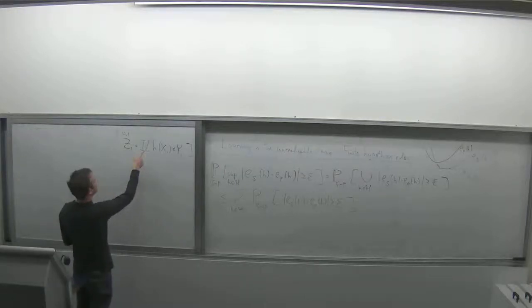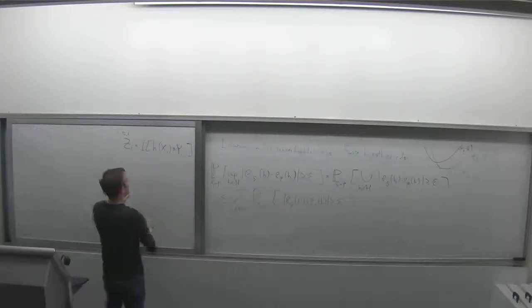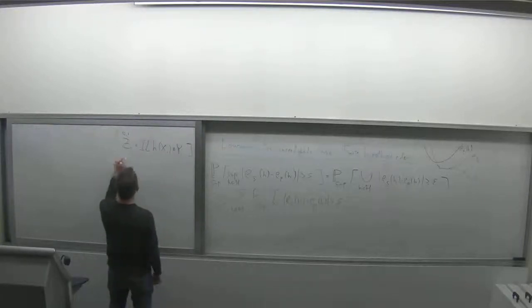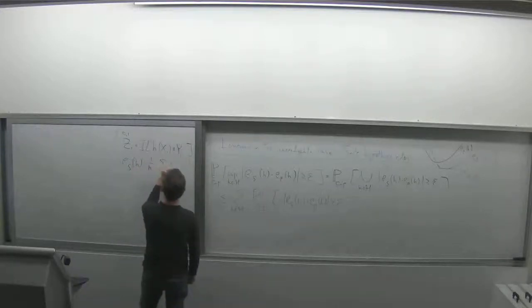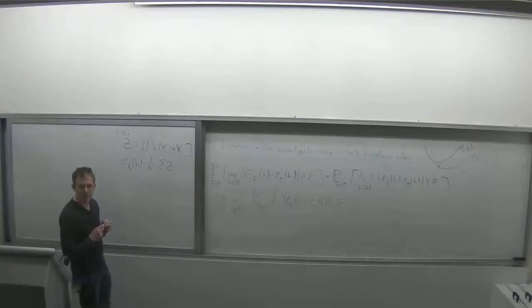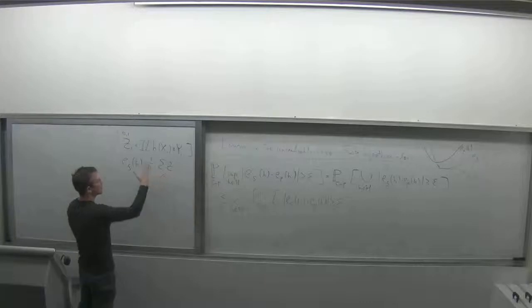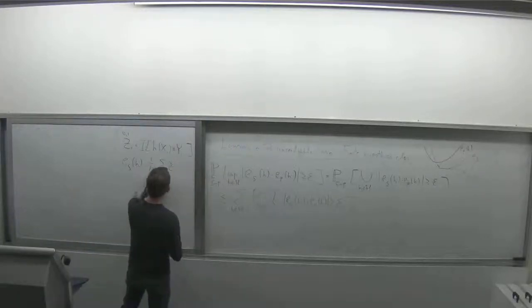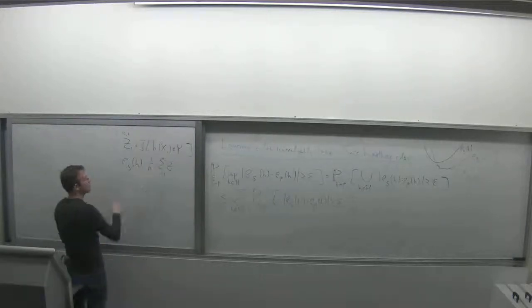And V_i is the 0,1 number that tells you if h is correct or incorrect on this sample. So what is E_S(h)? It is just 1 over n, sum over i, V_i. The empirical error is the sum over all sample points, and for each sample point, you check whether h is correct or incorrect. This is just the definition.